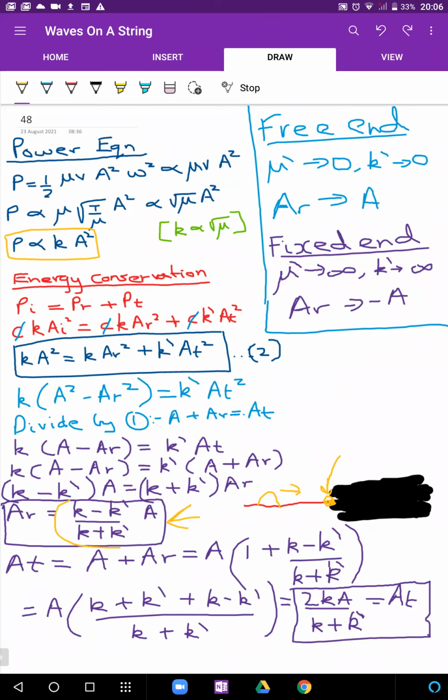What does this tend to when k dash tends to infinity? K is finite, k dash is tending to infinity. K dash के सामने k is negligible. काट दिया k को, k is negligible, क्या रह गया, माइनस k डैश बाई k डैश, कैंसिल कर लो माइनस k डैश बाई k डैश को, कैंसिल करके माइनस a मिल रहा है, समझ में आया?